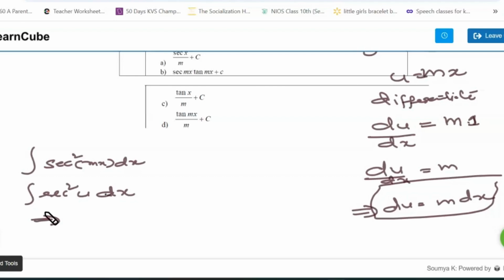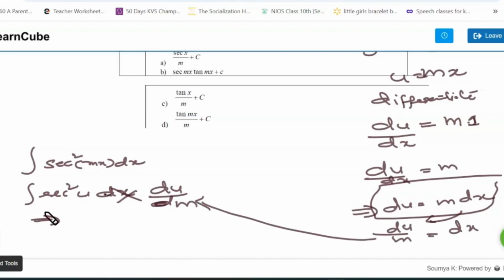And this dx can be written as du by m. This we get from equation 1. So du by m will give you dx, so we can substitute here. So you have sec square u du by m. In this one just rearrange and write 1 by m sec square u du.